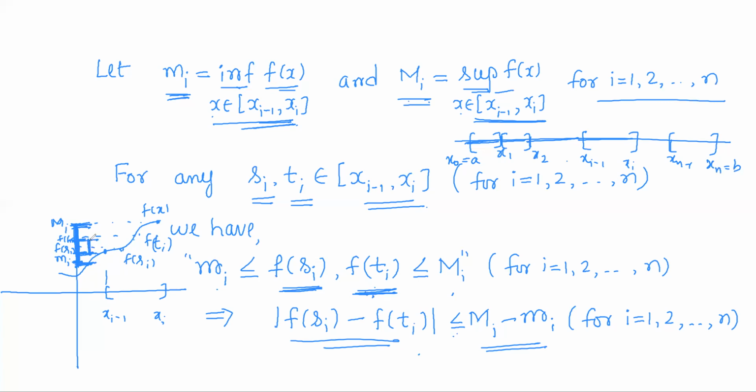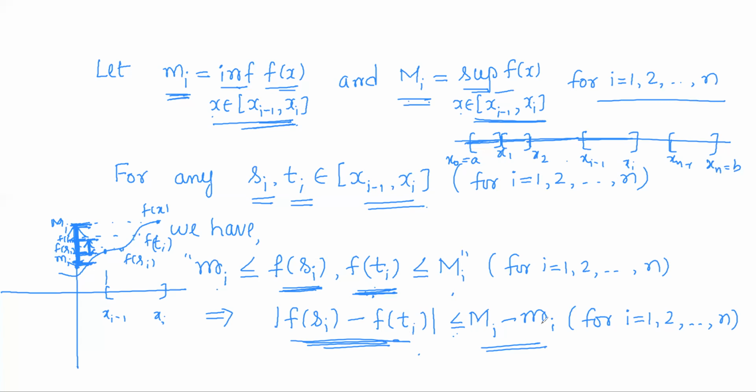So this is the difference of f of si and f of ti. Take its absolute value. Now observe, compare this difference and this difference. So Mi minus small mi will be greater than or equal to the difference f of si minus f of ti. So it is obvious.